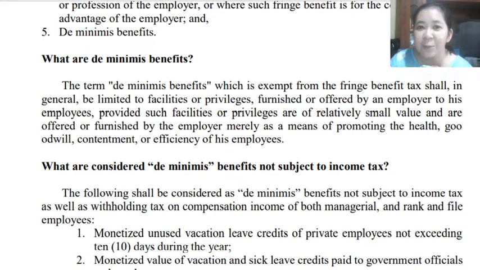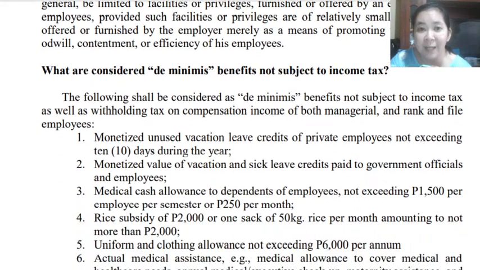Okay, so de minimis benefits are non-taxable, but they should be of small value and are offered or furnished by the employer as a means of promoting the health, goodwill, contentment, and efficiency of his employees. So this should be present so that the de minimis benefits will not be subject to income tax.